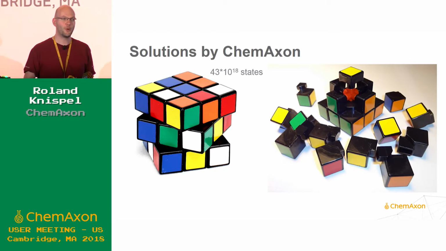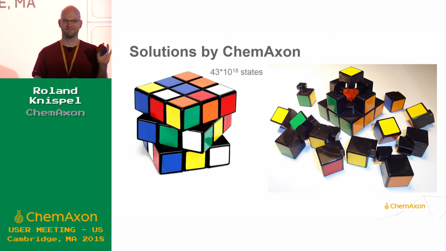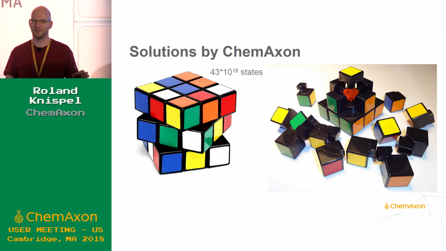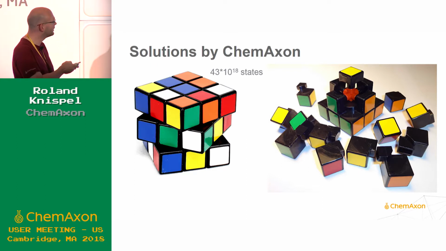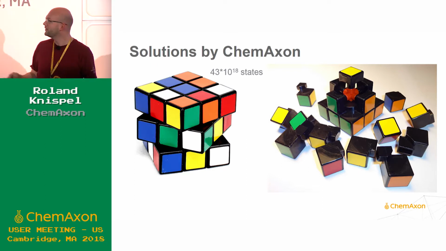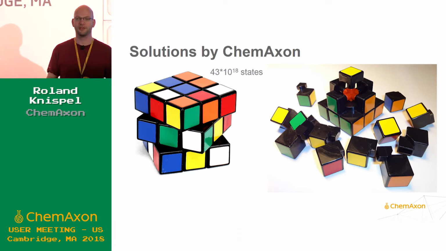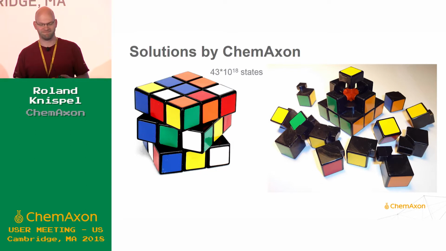How many of you know actually how this works? It's a blowout if a kid drops this thing, so it has a couple of different types of pieces. There are some center pieces, corner pieces, edge pieces, and in the middle sits something that lets the whole thing rotate against each other. Why is this interesting?